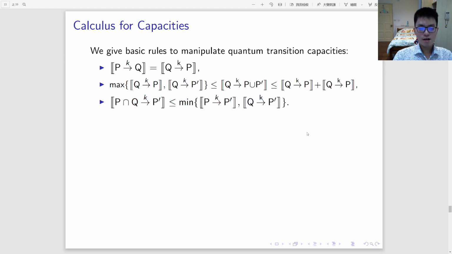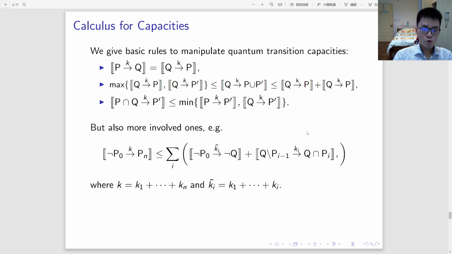These rules are relatively intuitive, and we also have more involved but useful rules for transition capacities. For example, when sequentializing a parallel transition capacity into multiple transition capacities, we can add in a conditional property with only several penalty terms.